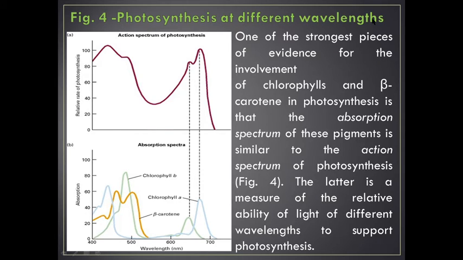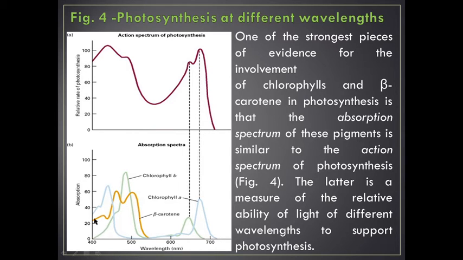Photosynthesis at different wavelength. Students, look at the pictures. Here is the absorption spectrum, and on the x-axis is the wavelength of light.